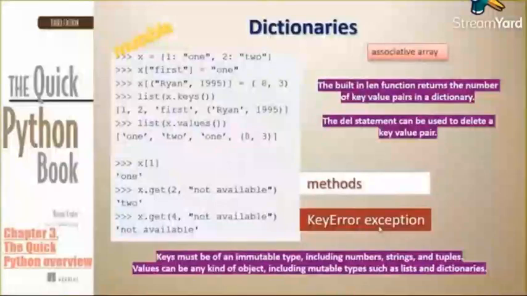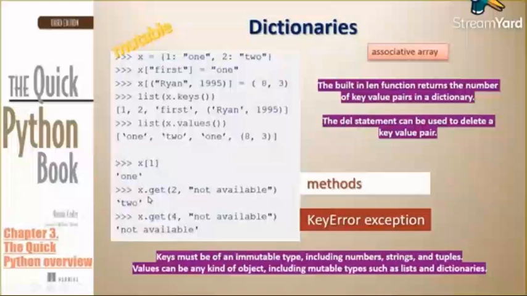Dictionaries are also mutable, and a dictionary in Python provides associative array functionality, such as names and last names, names and age, or cities and countries. They are related to each other, associated to each other.